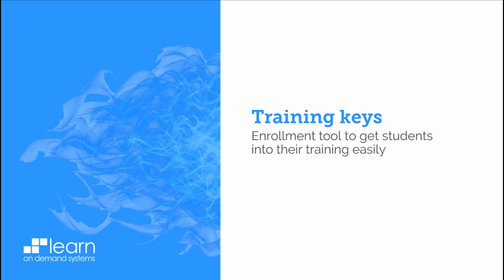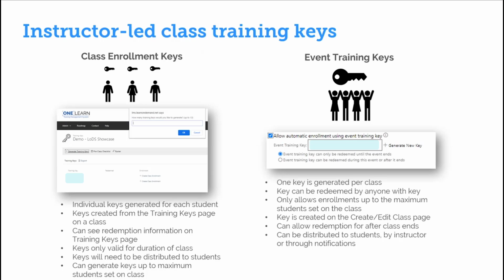So if you are interested in a method that will create the student accounts and automatically enroll students into specific training, then we really recommend using training keys. Training keys are a wonderful enrollment tool that will quickly get students into their training, whether it's instructor-led classes or self-paced course assignments or subscriptions.